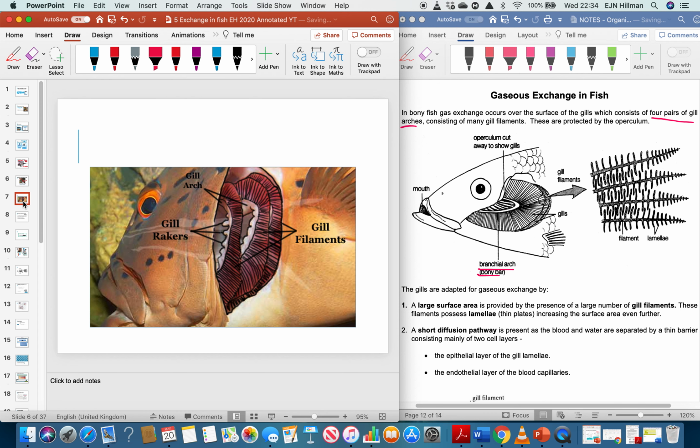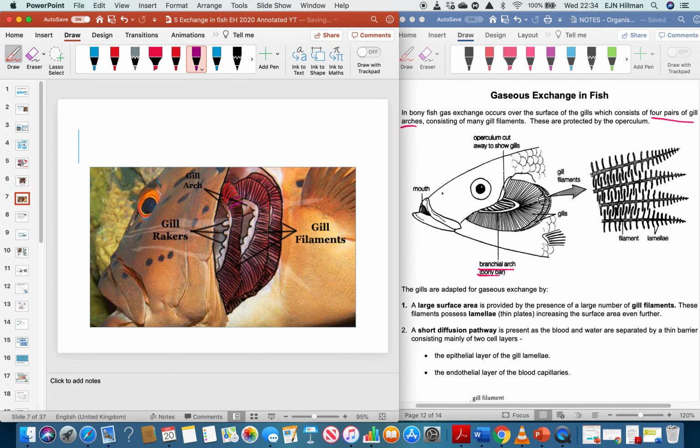Let's have a look at those gill arches in a bit more detail. Okay, so the gill arch is this larger structure. These are the gill rakers. So the gill rakers prevent any food from passing into the gill and causing a blockage. On top of the gill arch, you can see these lines. Let's see if I can draw that in a different colour.